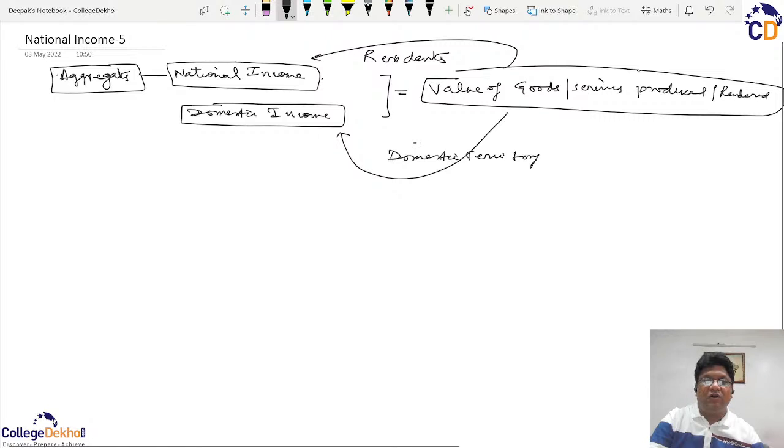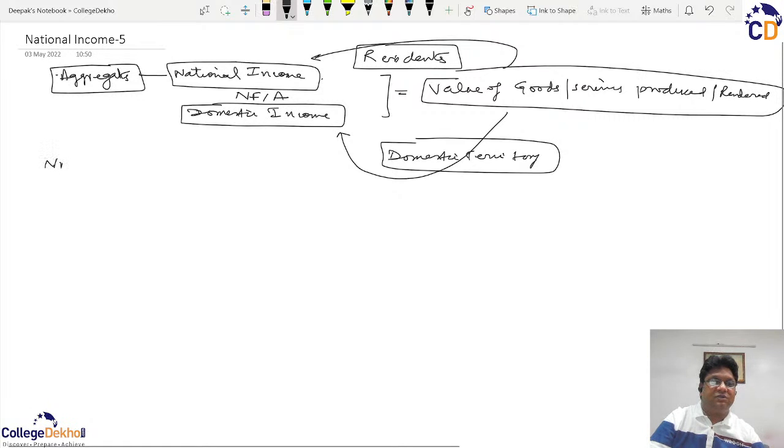And we have already discussed in detail what they are, what their definitions are, and how they are to be calculated, because the difference between the two is NFIA, net factor income from abroad.